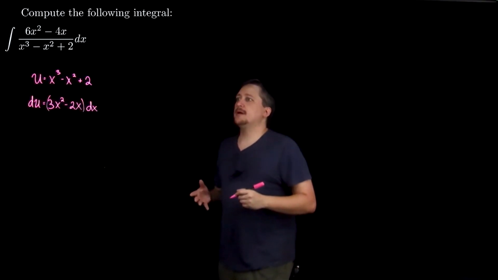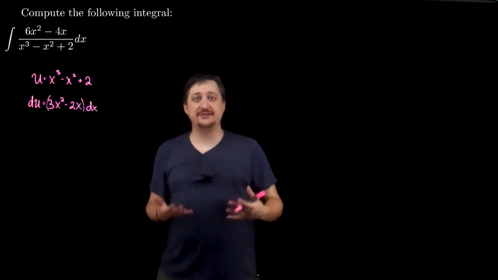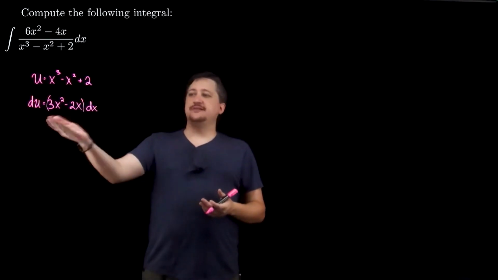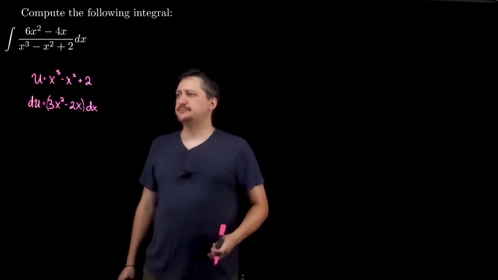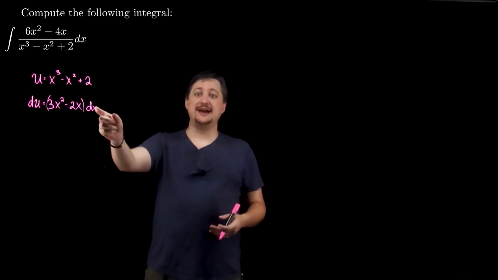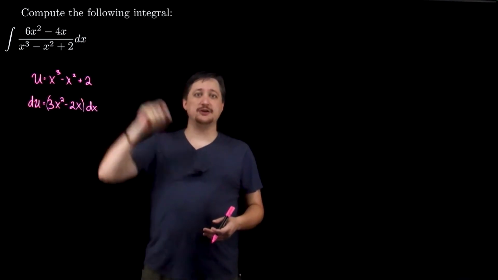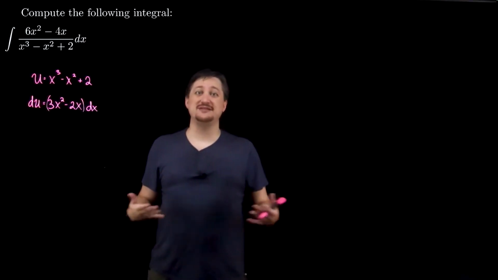Now, the easiest way to check to see if this works is to treat this du and dx as differentials, if you remember what we talked about with differentials earlier. The idea is that I basically want to isolate the dx and substitute out the dx up here, because I can't really do much with the integral unless all of the letters are the same, at least not at this level.